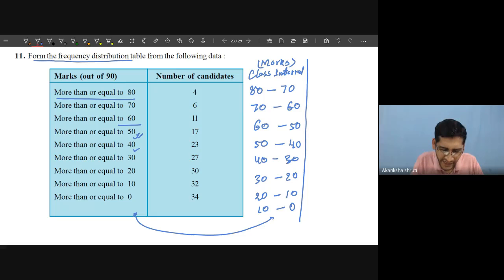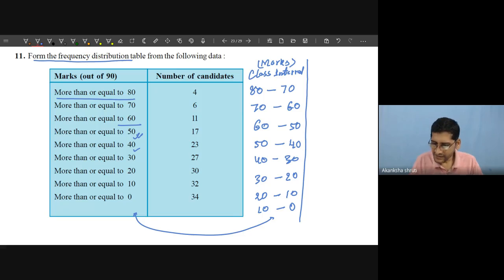It is more than or equal to 80 is 4. More than or equal to 70 is 6. More than or equal to 60 is 11. The last one is more than or equal to 0.